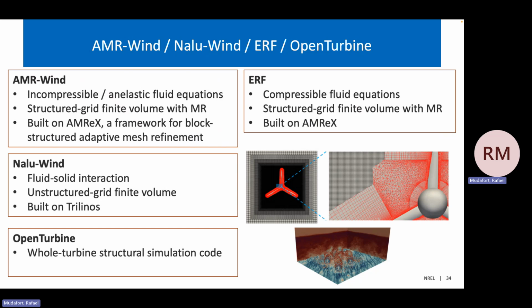Nalu-Wind does the flow right around the turbine blades. That's what this is showing. So this domain out here would be AMR-Wind, this would be Nalu-Wind, and the structural part would be OpenTurbine or OpenFAST. These are really big models that require a lot of computing resources to run, but this is the highest fidelity simulation system that we have.